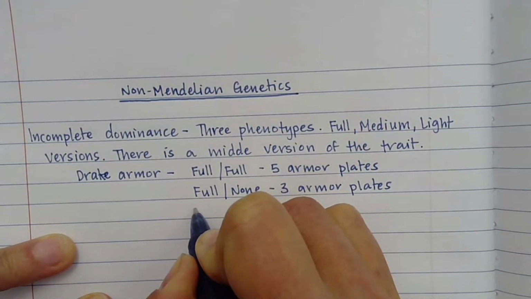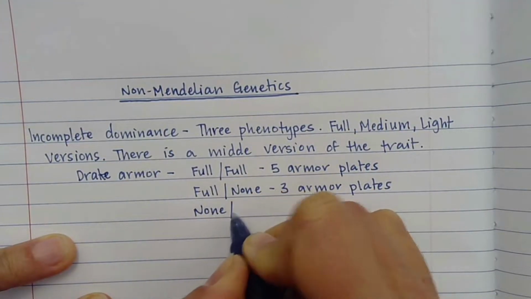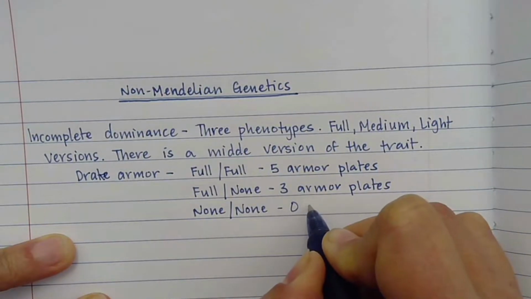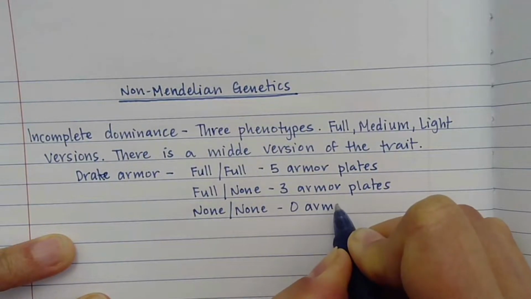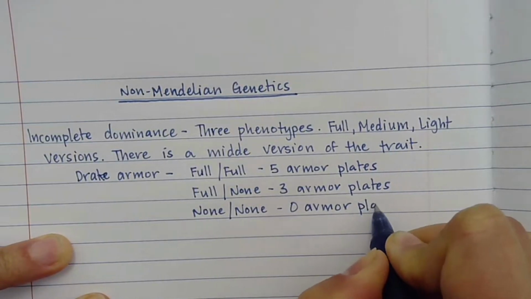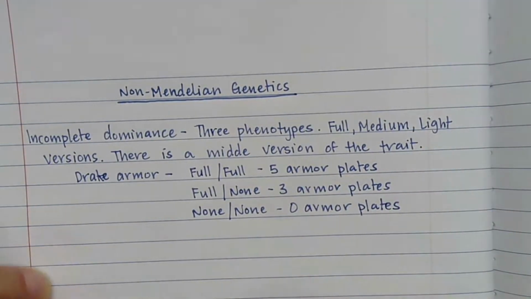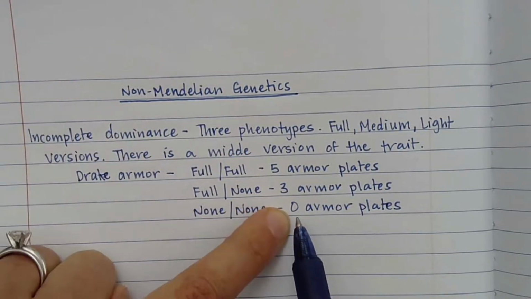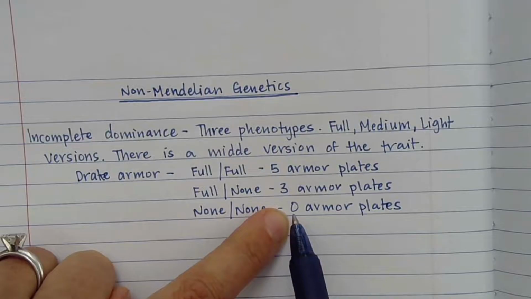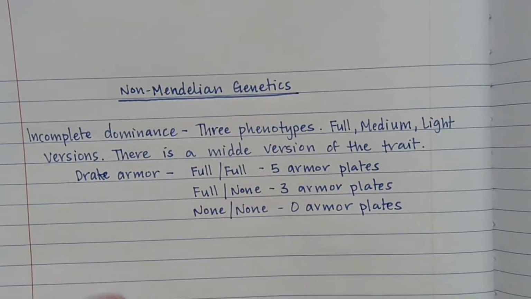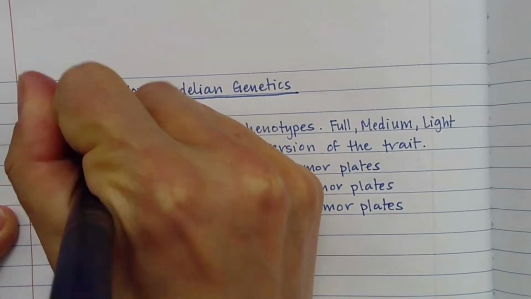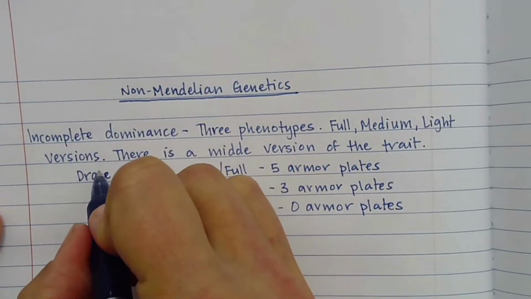And if you had none, then you would have no armor plates. So this is like full armor, medium armor, light armor, or no armor. And there's this middle version where 3 is the middle between 5 and 0.